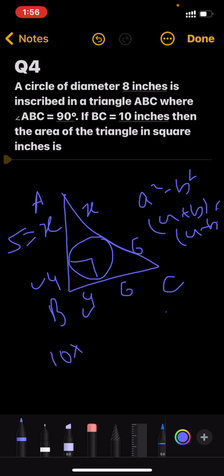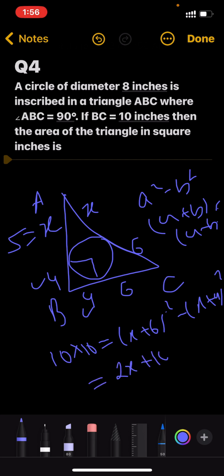10 square, 10 into 10 equals x plus 6 whole square minus x plus 4 whole square, which is 2x plus 10. So this is 10 into 10, this is 5.